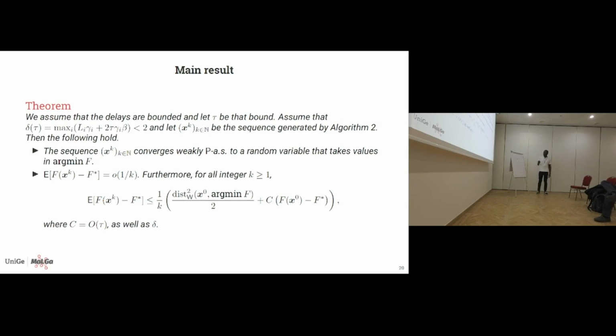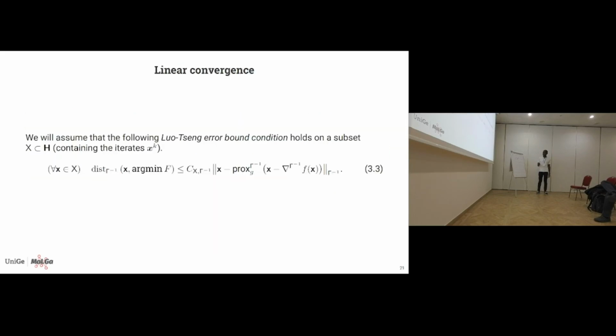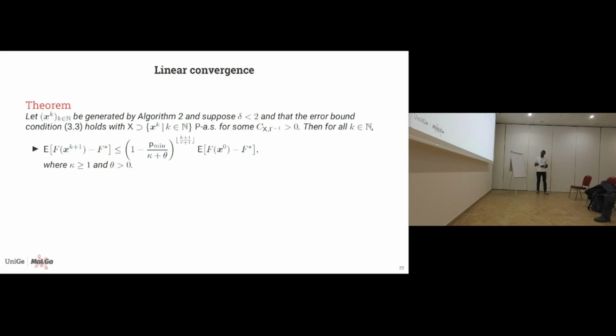But we can still improve this rate, and we assume this error bound condition. The error bound condition is something that's between convexity and strong convexity. It's stronger than convexity, but it's not as strong as strong convexity. If you suppose that error bound condition, you get linear convergence.